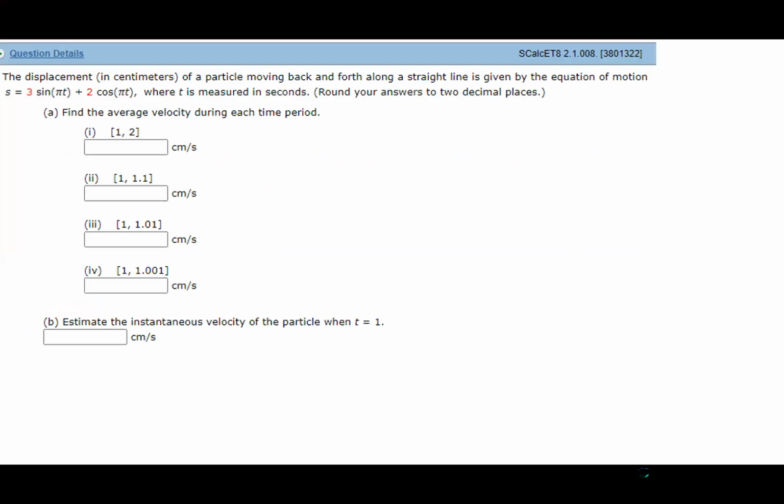Okay. So the displacement in centimeters of a particle. So it seems like they use particle when they don't know what they want to talk about. Or in physics, are any of you guys in physics this year? Yeah. So sometimes you just talk about a particle when you're not worried about the rotation of a rigid body. If you're not worried about the rotation because that effect is negligible, then you can just talk about a particle and it'll do almost the same thing, because the rotational effects are negligible.